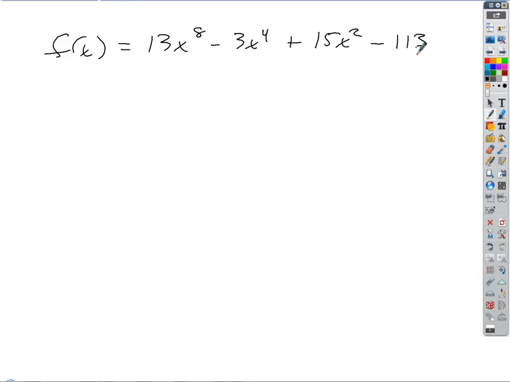It's even, right? Because all the powers of x are even numbers. 0 is even, isn't it? Agreed? 0 fits the pattern for even. So anytime I plug in a -x, taken to an even power, the negative sign is just going to go away, right? Everybody see that?